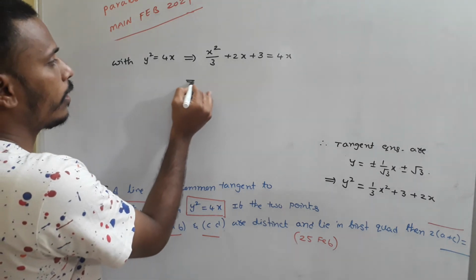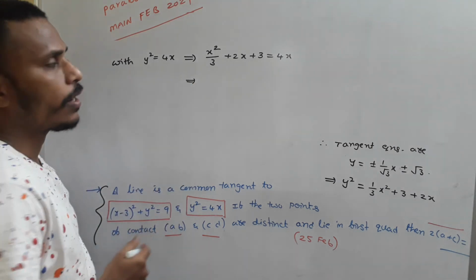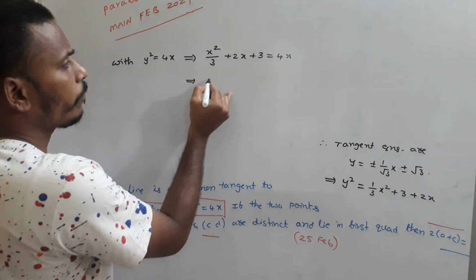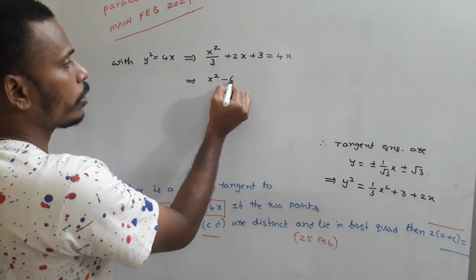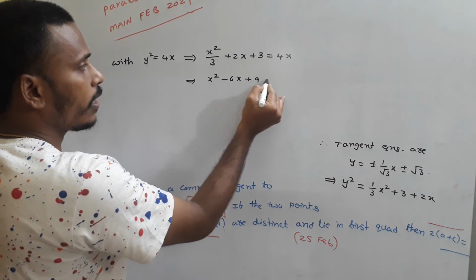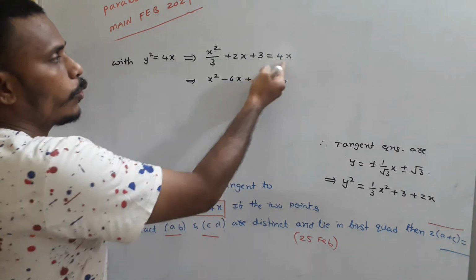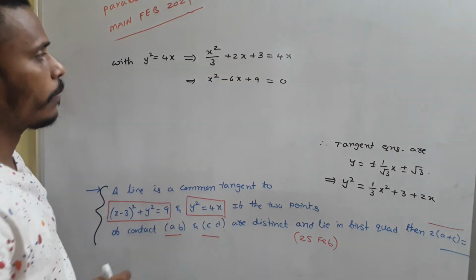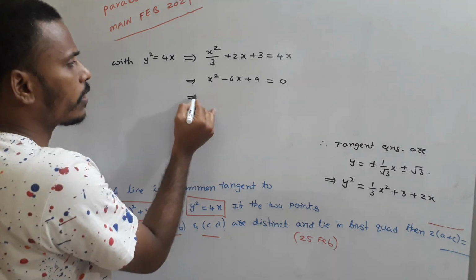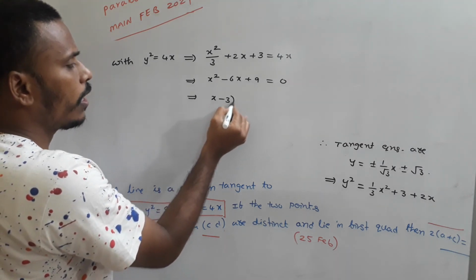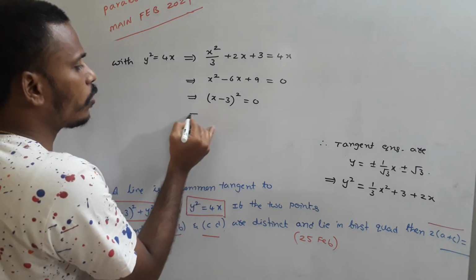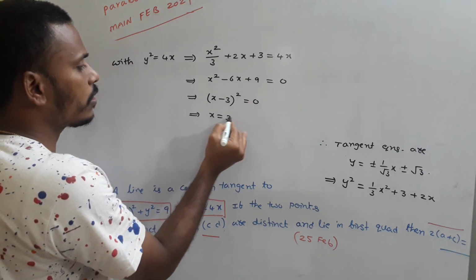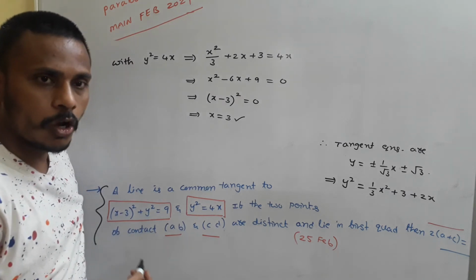I will multiply everything with 3. So x square, then 2x minus 4x is minus 2x, and with the 3 that means minus 6x plus 9 equals 0. So x square minus 6x plus 9 equals 0 is simply x minus 3 whole square equals 0, so x equals 3.